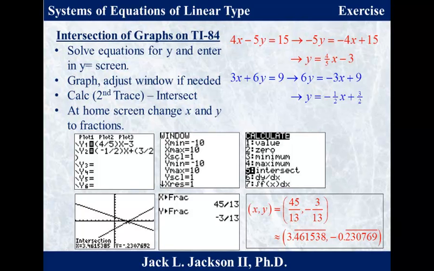And so it turns out to be 3.461538, and then again 461538, 461538, 461538. So the 461538 is repeating. Likewise, -3/13 is -0.230769, with the 230769 all repeating.